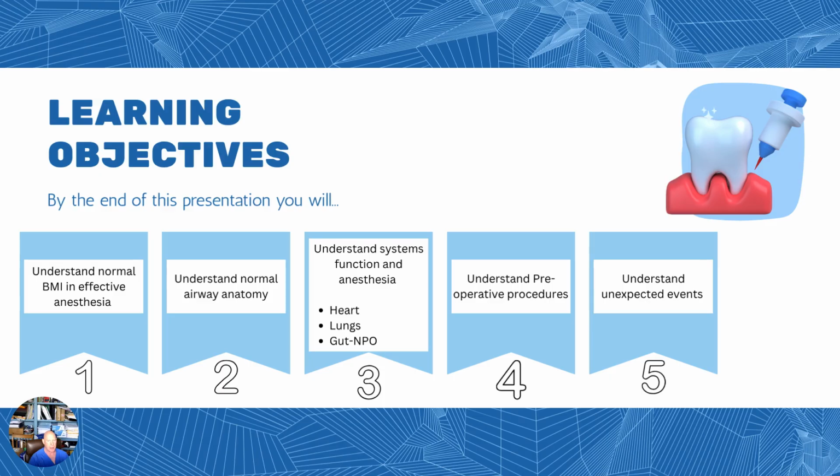The fourth objective will be how we prepare our patients for sedation. And the fifth objective, we will go over events that happen that are not normal and what could possibly happen in the dental office.